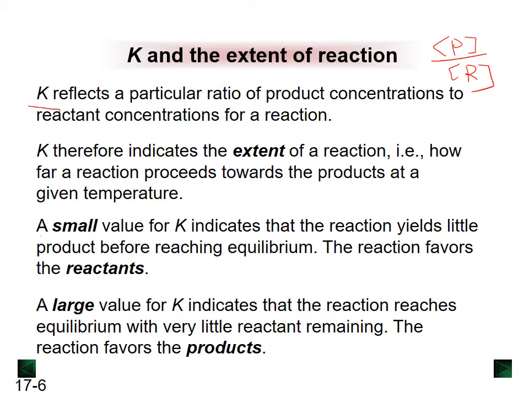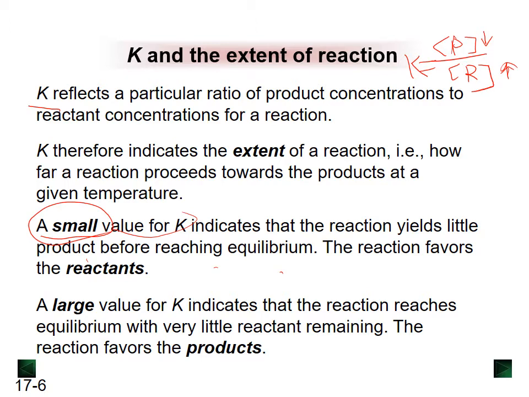A small K, according to this equation, means P is small and R is large, and that means you only form a small amount of product. P is small, so a small amount of product is formed. A large amount of reactants is left, unreacted. So it indicates the reaction yields little product before reaching equilibrium.